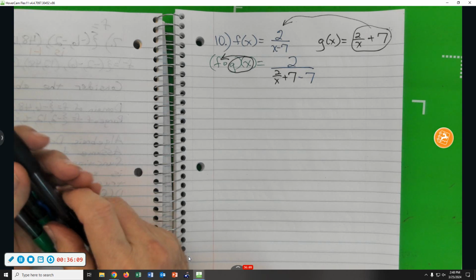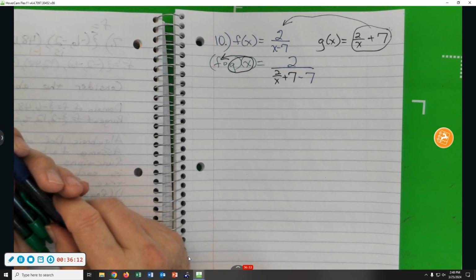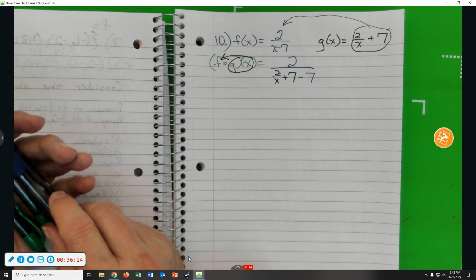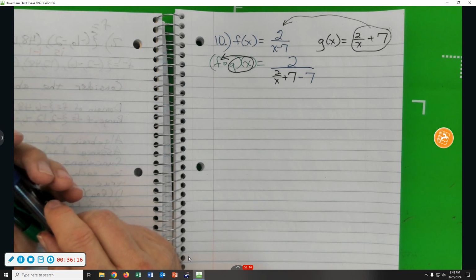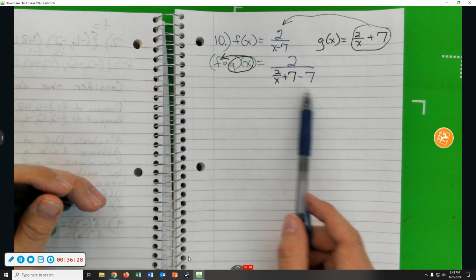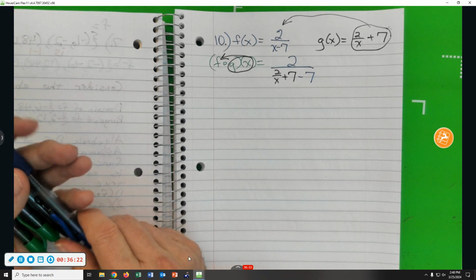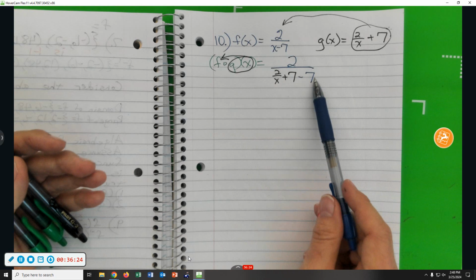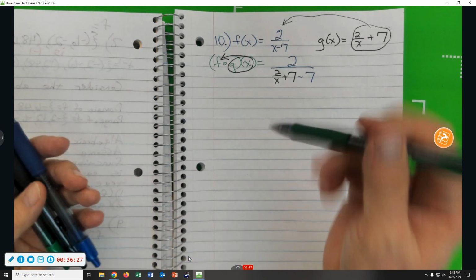What we have here is called a compound fraction. It's a fraction that contains one or more additional fractions. Well, something's about to cancel out here very nicely. What is it? The 7 minus 7, that's gone.